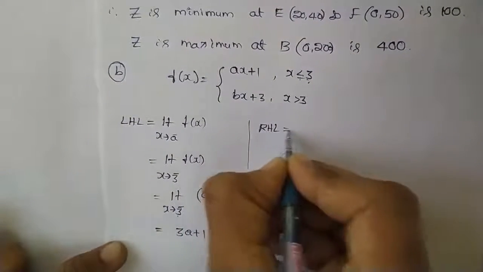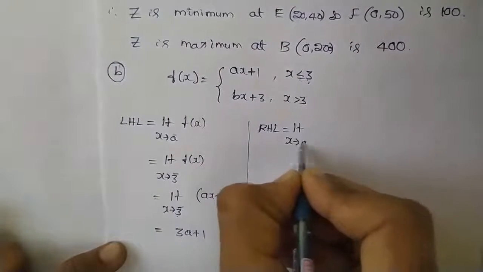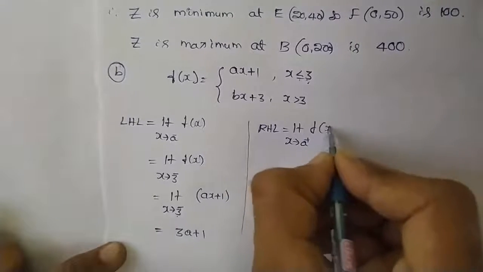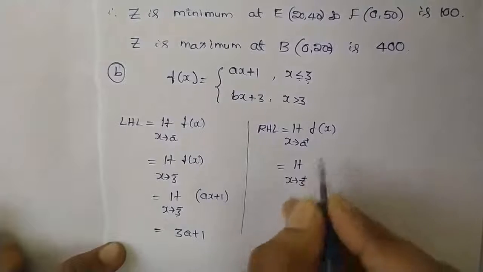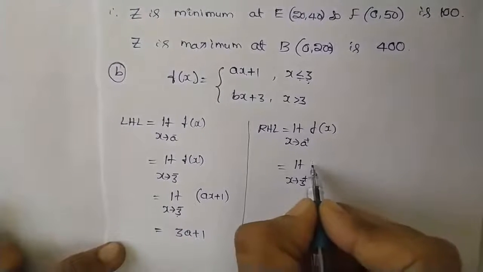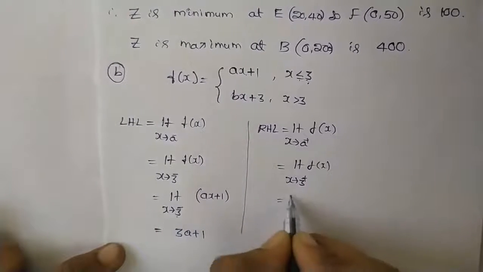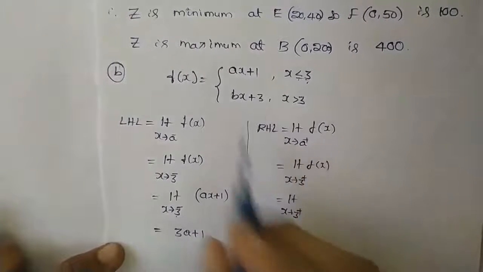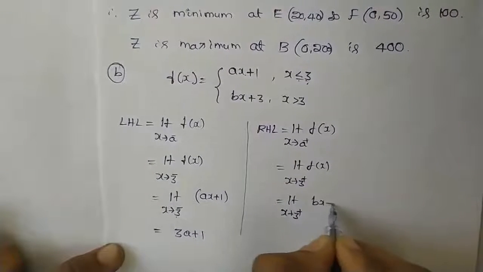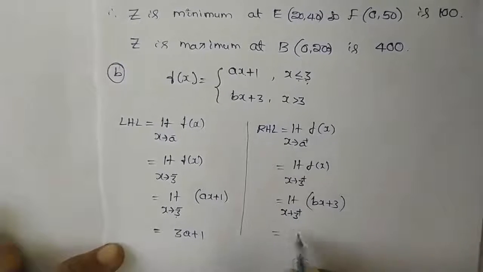Next, similarly find out RHL. RHL equals limit x tends to 3 plus f of x, where x is more than 3, so it comes bx plus 3. If we apply the limit, then 3b plus 3.